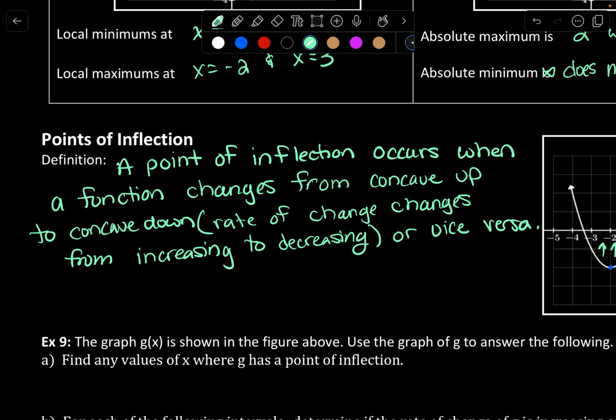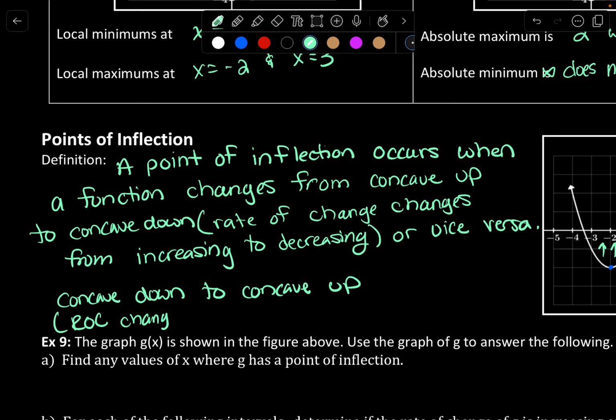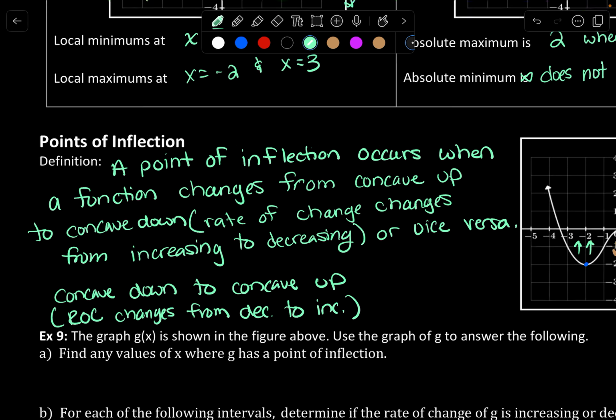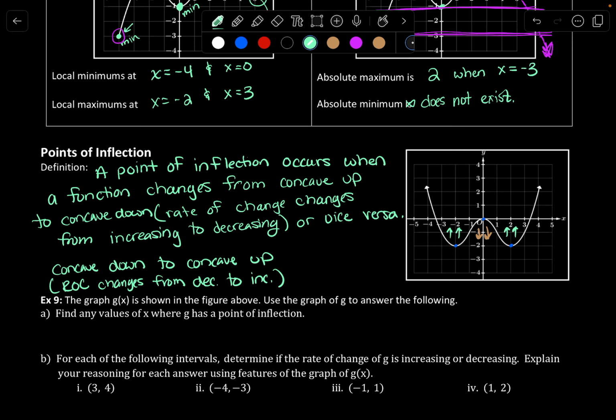Okay, and the same can be said for the other way, when it changes from concave down to concave up, or the rate of change changes from decreasing to increasing. So when this happens, we have a point of inflection.